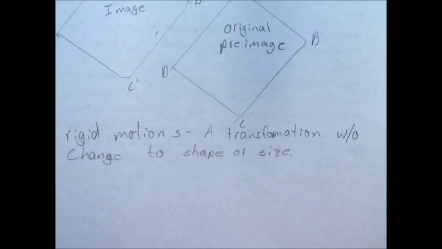So, rigid motions is a transformation without change to shape or size. With a slashed O is without. If you don't know that, just write out the word.